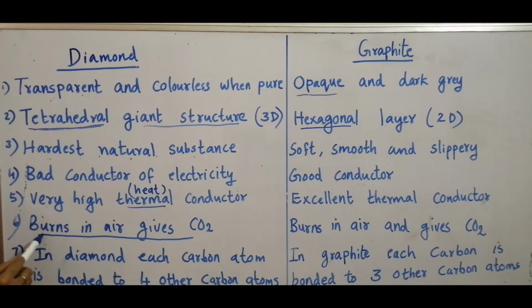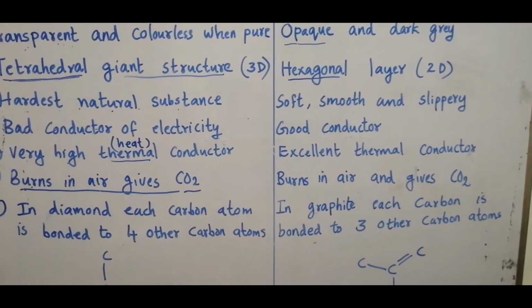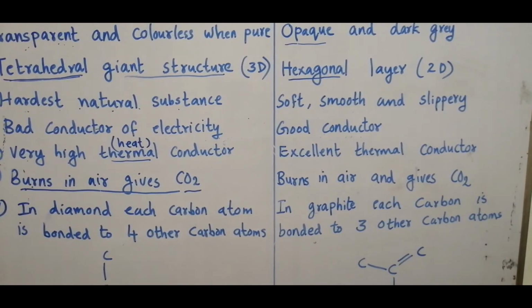Now comes the chemical property of diamond and graphite. Diamond burns in air giving carbon dioxide, and graphite also burns in air giving carbon dioxide. So diamond and graphite have the same chemical property but different physical properties.